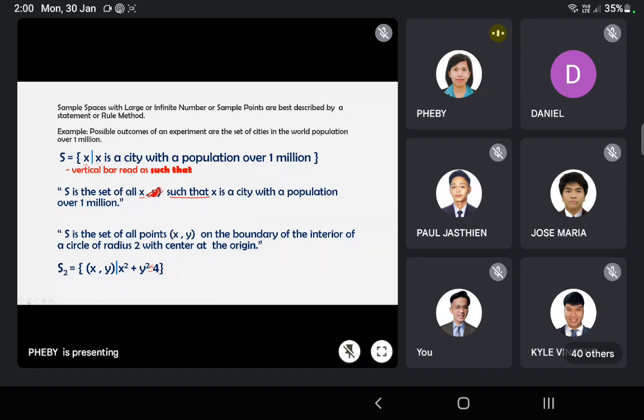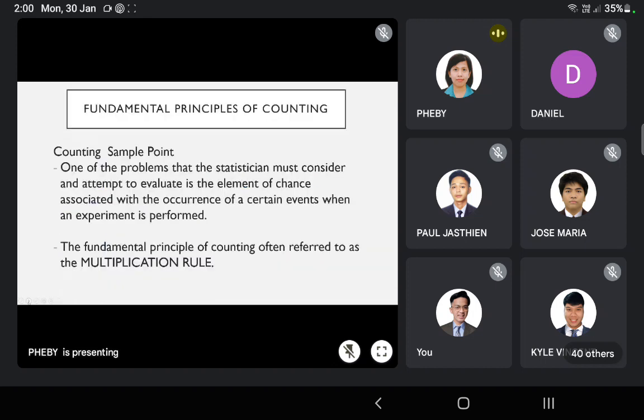We will go through our rule methods one by one later. We must also know the fundamental principles of counting. In statistics and probability, this is the first thing we should know: our principles of counting, commonly called the multiplication rule.